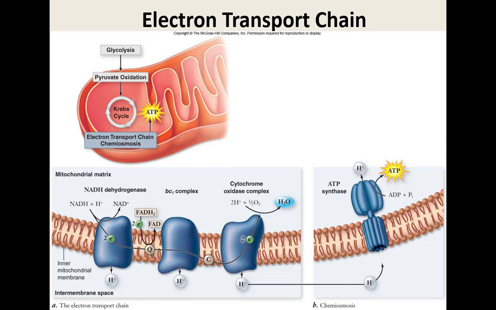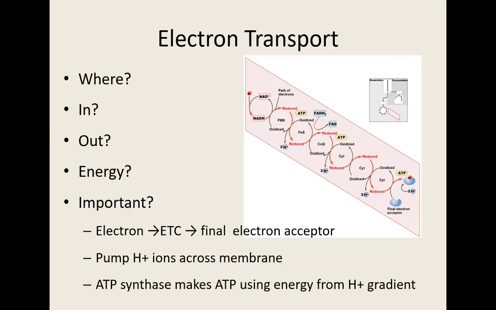And a lot of times those electrons are going to attach themselves to oxygen and they'll make some water, if oxygen is present, if it's an aerobic process. But the energy's job is to pump the hydrogen ions across the membrane. And then the ATP synthase makes ATP using that energy from the hydrogen ion gradient.